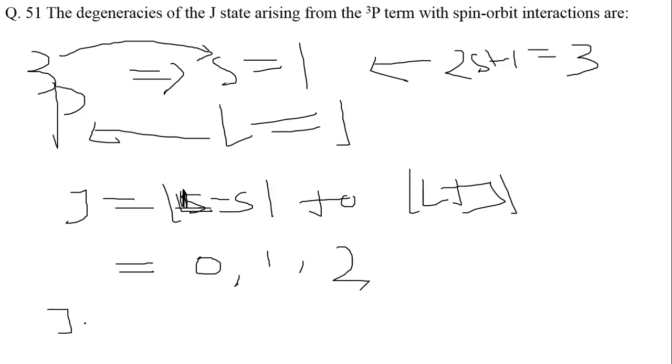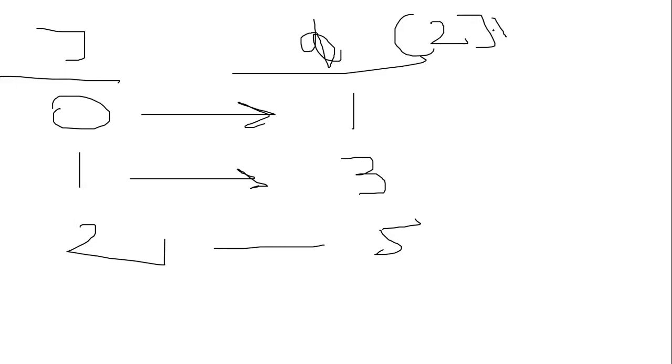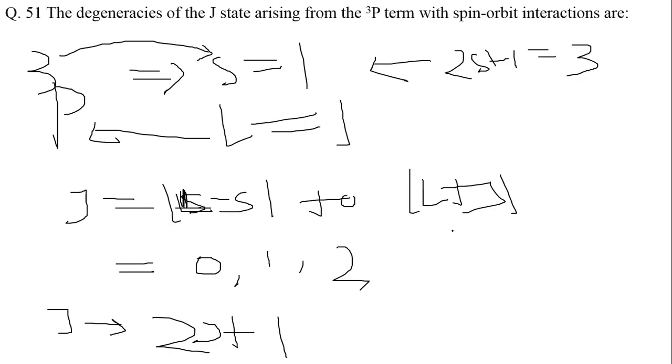And we know if j is the quantum number, then the degeneracy is 2j plus 1. So if j values are 0, 1, 2, then degeneracy will be how much? 2j plus 1 is 1, 2j plus 1 is 3, and 2j plus 1 is 5. Here it is j, here it is 2j plus 1. So the terms arising from the 3p term, j is 0, 1, 2.